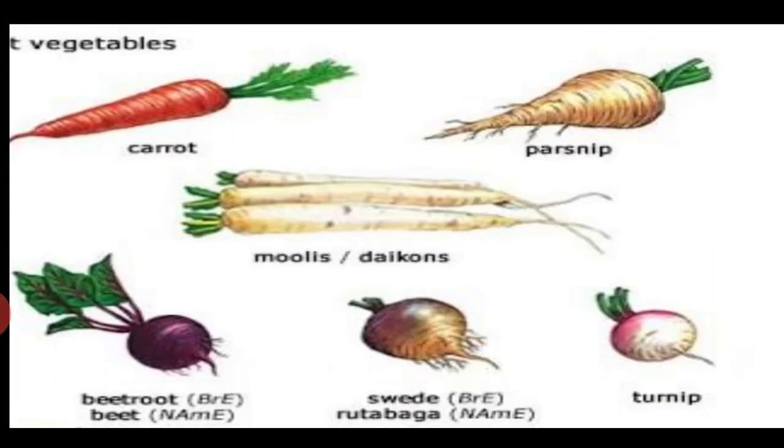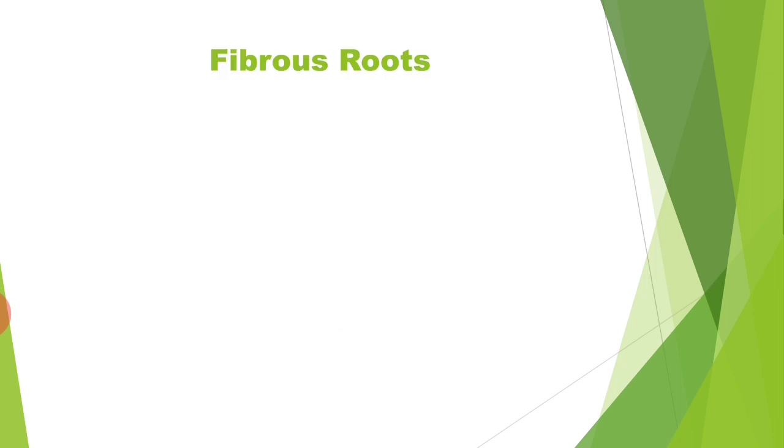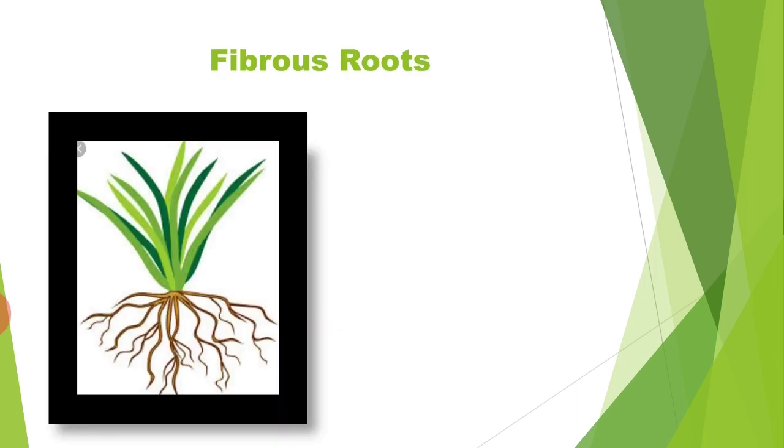Examples of taproot are carrot, radish, turnip, beetroot and many others. You can see they are all taproot, and taproot is a modified root. As we had studied in our previous chapter, modified stems were there. These are modified roots. Now another root is fibrous root.